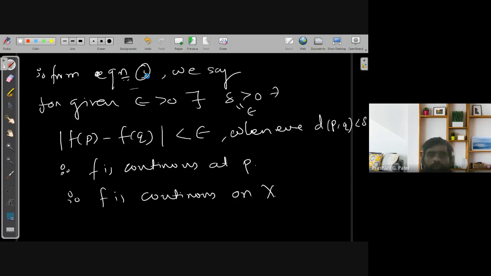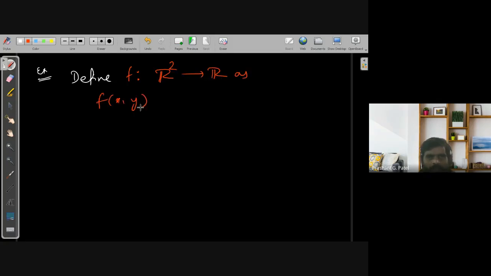Now I am giving you two examples to work by yourself. The first one: define a function f from R squared to R as f(x, y) equals x.